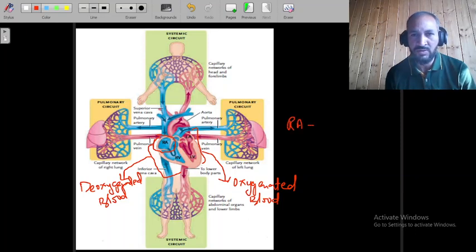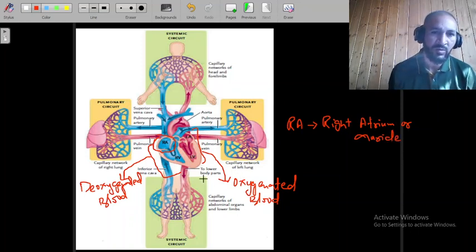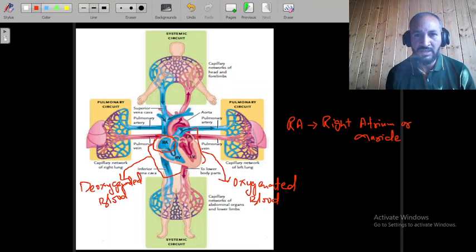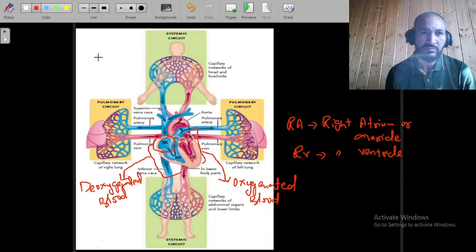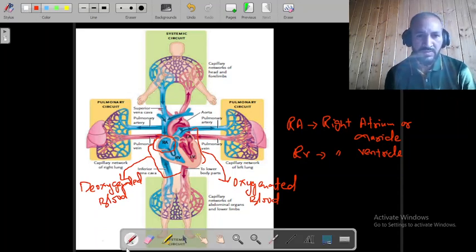RA actually stands for R is right and A is atrium. Plural is atria, or atrium is also referred to as auricle. So right auricle, or you can read it as right atrium. Then you have RV. Okay, RV stands for right ventricle. Same, you have on the left, left atrium and left ventricle. So let me erase this, we don't need this.